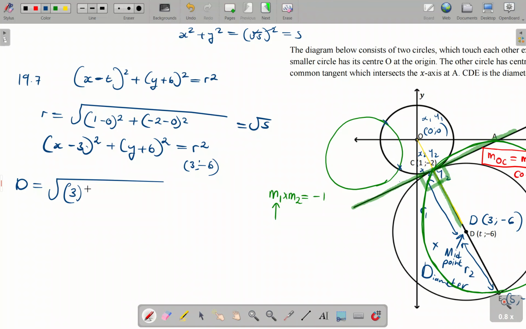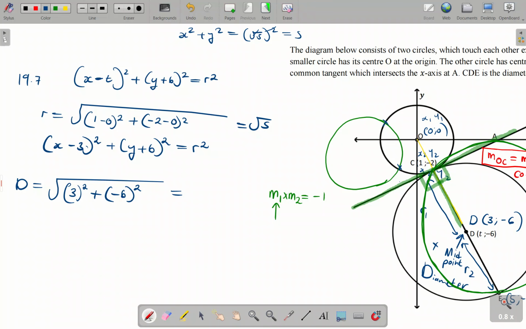We don't like wasting time, so simply square this one and then plus your y2, which is negative 6. You can't say minus 0 again, since 0 doesn't change anything.